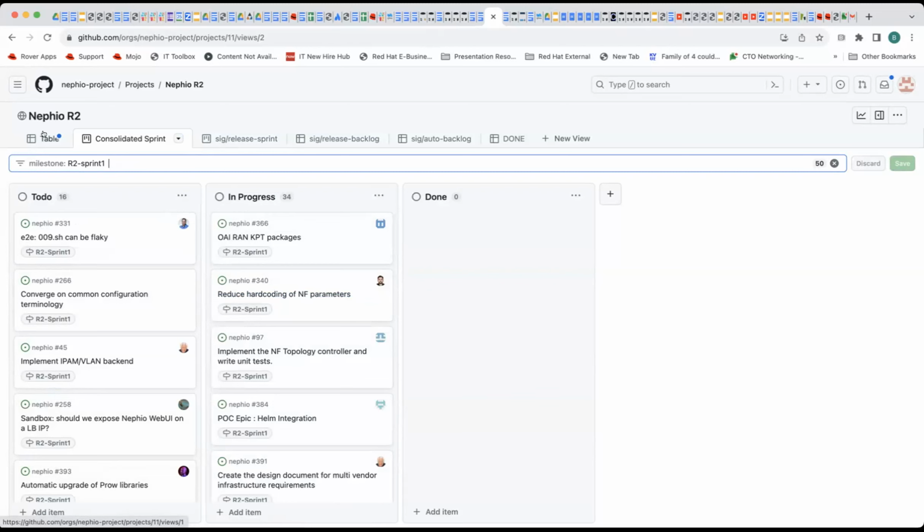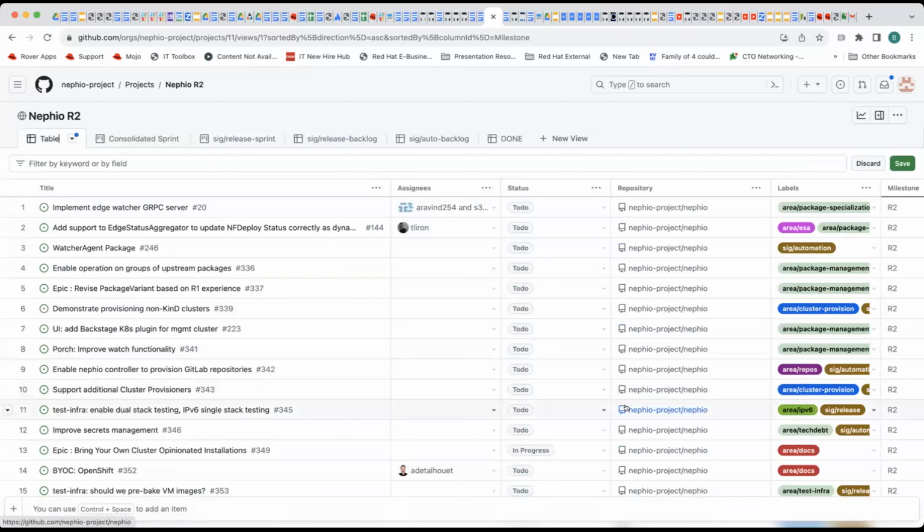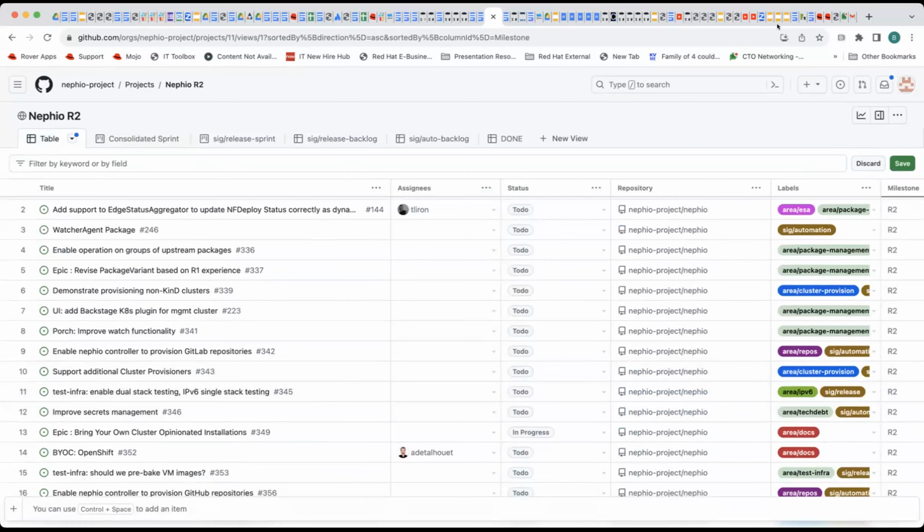By the user? Yeah, I mean, it doesn't show here, but here in this view it may show, I think. Yeah, you can sort here by assignees, and in consolidated sprint. Maybe like an assignee equals, and then the... Yeah, you're right.